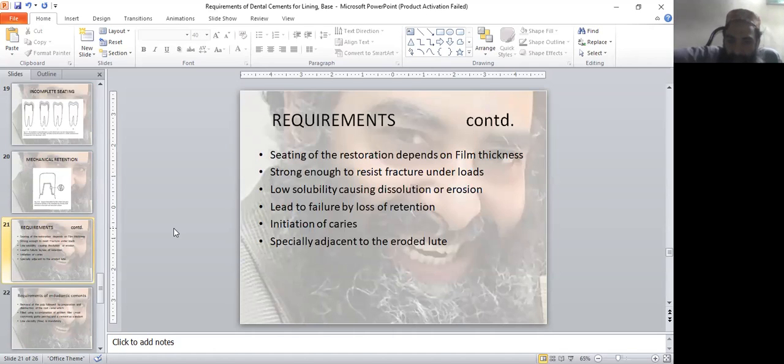But low solubility of the material causes dissolution or erosion, and it leads to failure by loss of retention and initiation of caries, especially adjacent to the eroded lute. Clear?